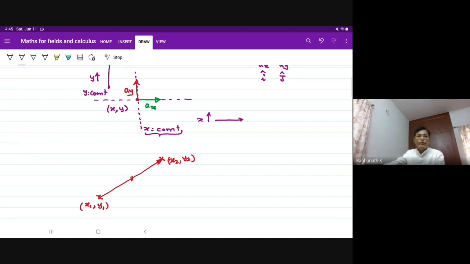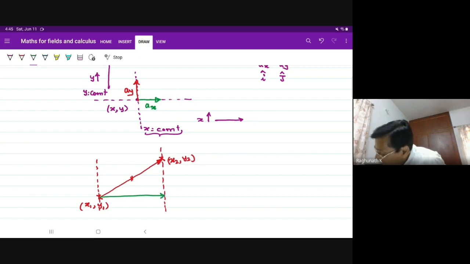In this, again, this is what we did. Please consider, I am talking about the vector from x1 y1 to x2 y2. This vector is represented as the linear combination of the vectors ax and ay.